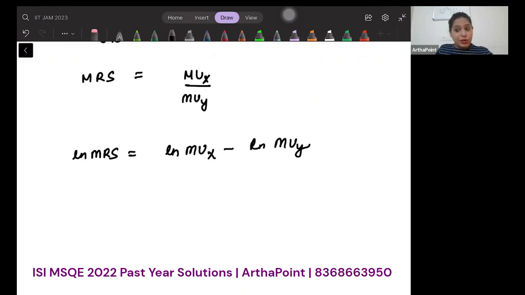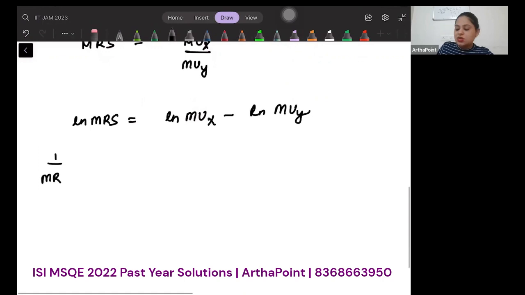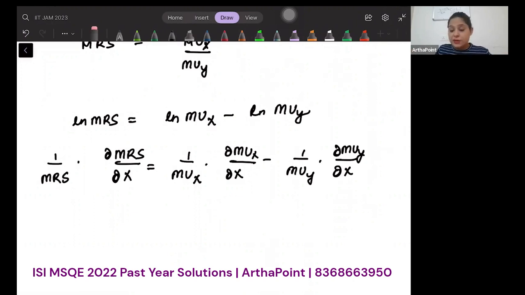I need to differentiate this with respect to X because I need to find this condition. So 1 by MRS into del MRS by del X is equal to 1 by MUX into del MUX by del X minus 1 by MUY into del MUY by del X. This is my equation, and I want this to be negative.